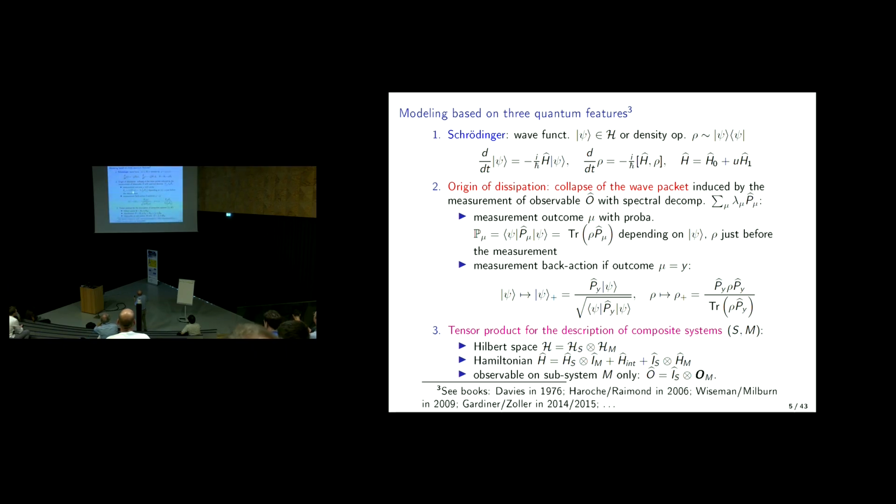The probability to detect mu, when y is equal to mu, is given by this quantity. And of course, since you want to keep the length of the wave function at 1, you have to renormalize. It is this renormalization that gives you the probability. This is a basic rule of quantum mechanics.